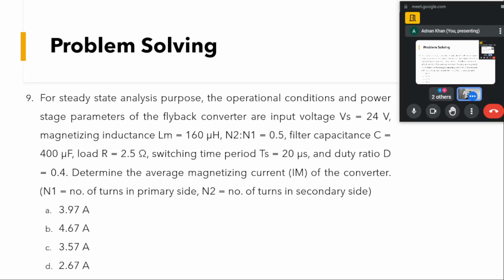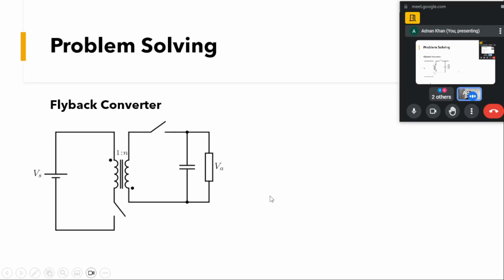I haven't discussed the flyback yet. First I'll discuss this flyback converter, and we'll see what this magnetizing inductance is. N1 is the number of turns in the primary, N2 is the number of turns in the secondary.